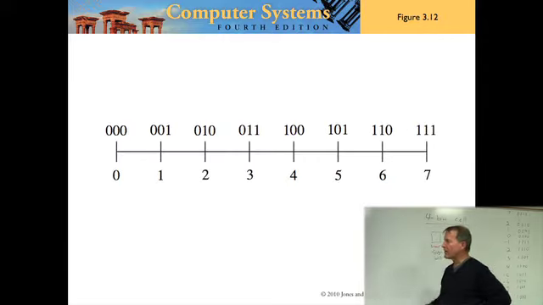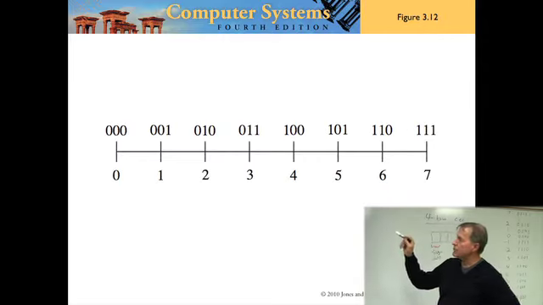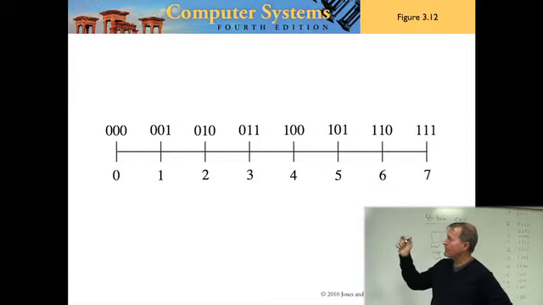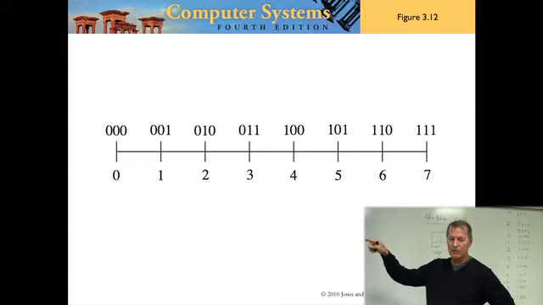Now here's one way to think of it. These next two figures, here's one way to think of it. Let's suppose that we have a real small example here. Suppose we have a 3-bit cell. If you consider the number to be unsigned, what's the range? You can go anywhere from 0 to 7. Does everybody see that?